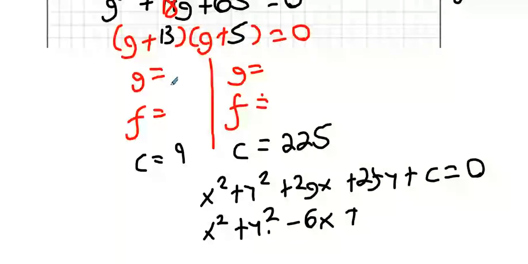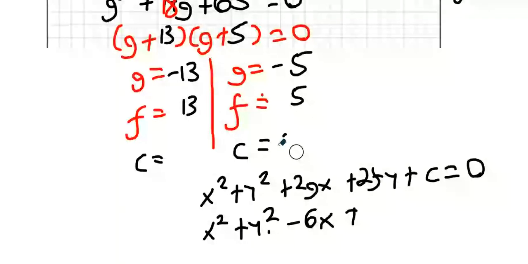Yeah, that means minus 13 and that means plus 5, and that means 13. And when we square them, 169 and 25. Thanks. Sorry, I should use 5 and 13, not 15 and 3, which is obviously 45, not 65.